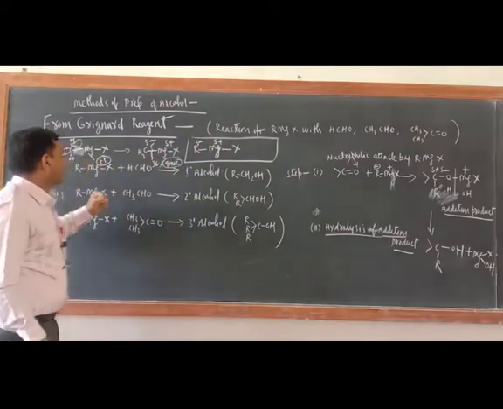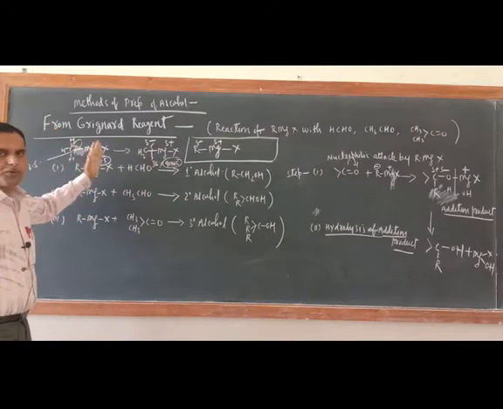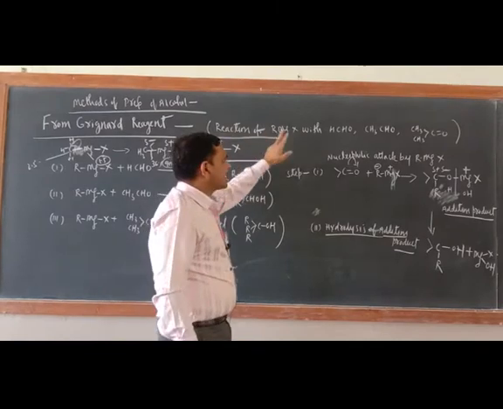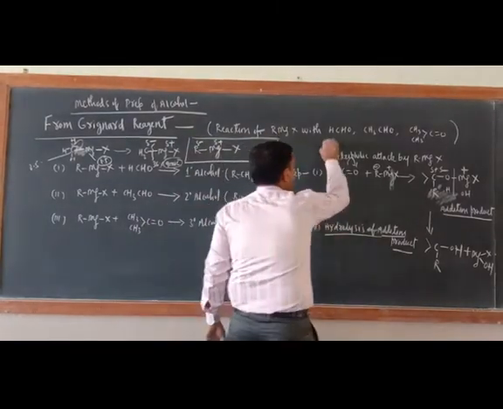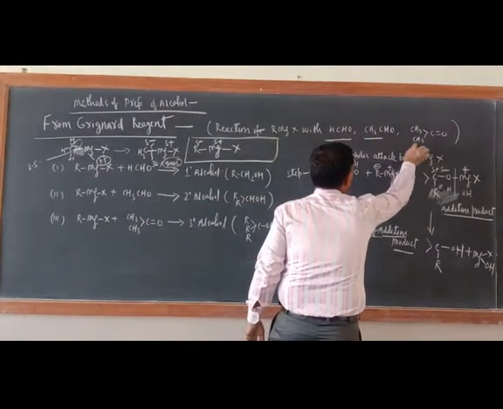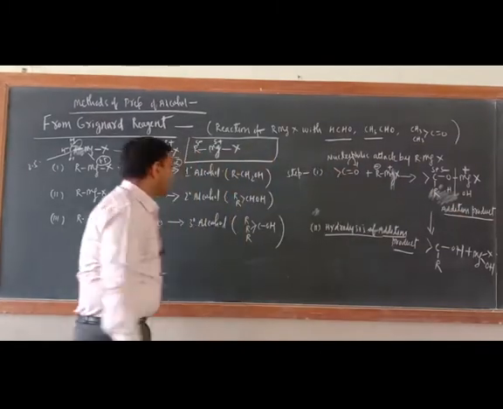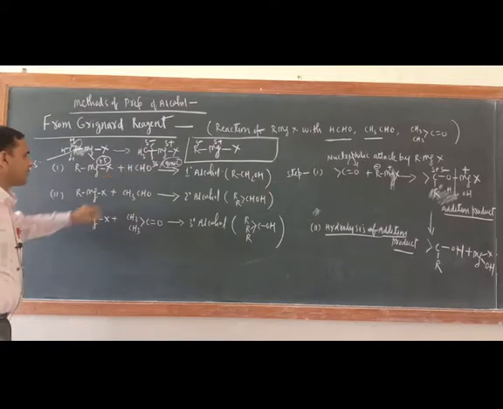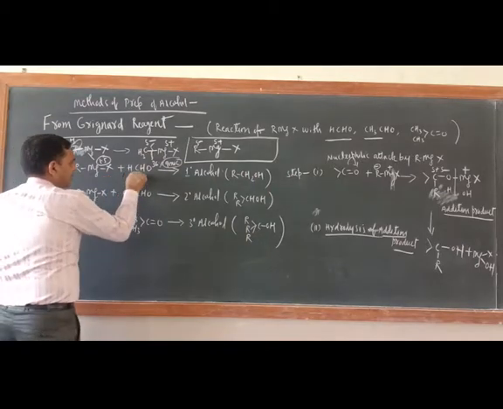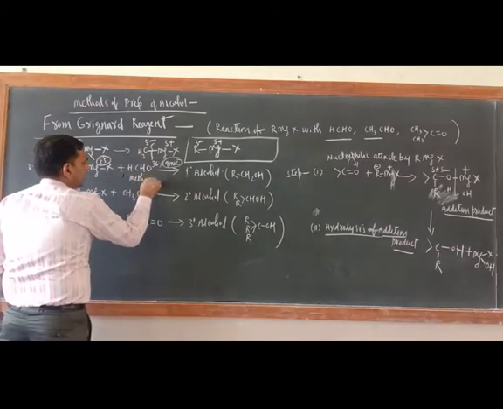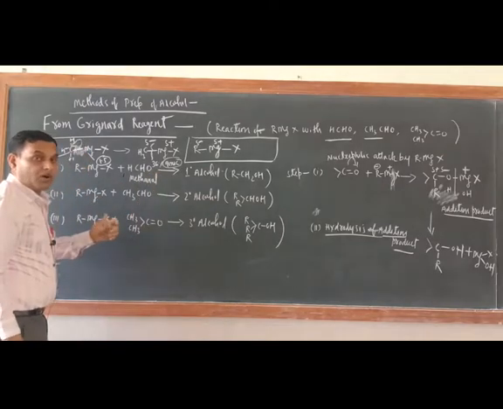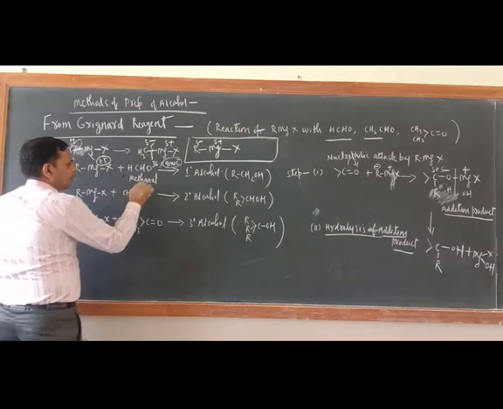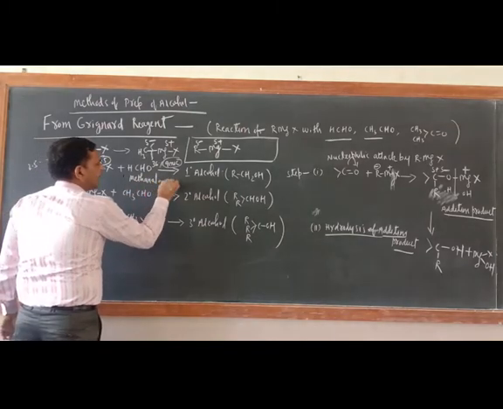Now just see how you will prepare alcohol from Grignard reagent. When Grignard reagent reacts with formaldehyde, HCHO, acetaldehyde and ketone, alcohol is formed. What is this one? This is methanal, or formaldehyde. Ol means alcohol, al means aldehyde.